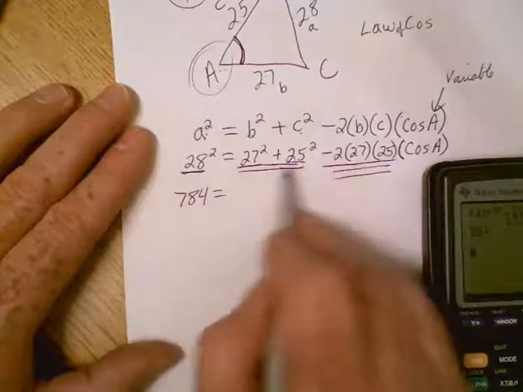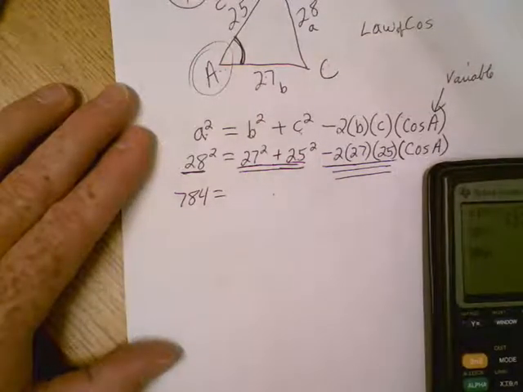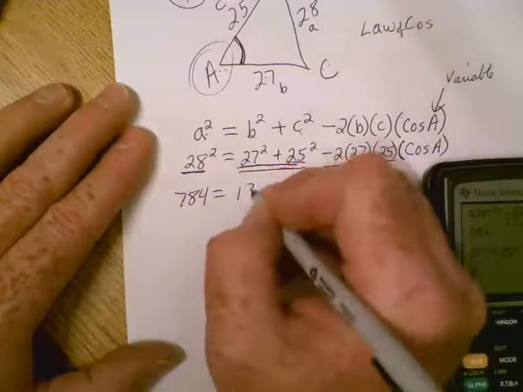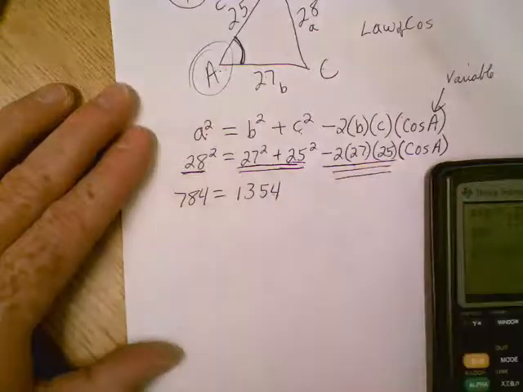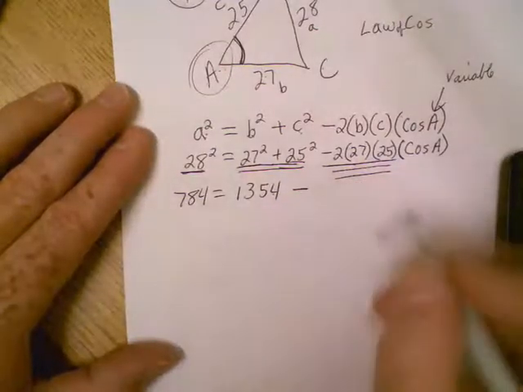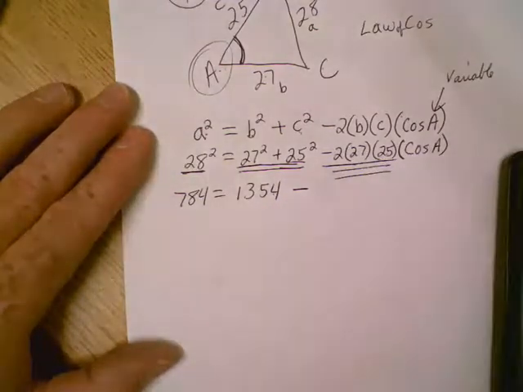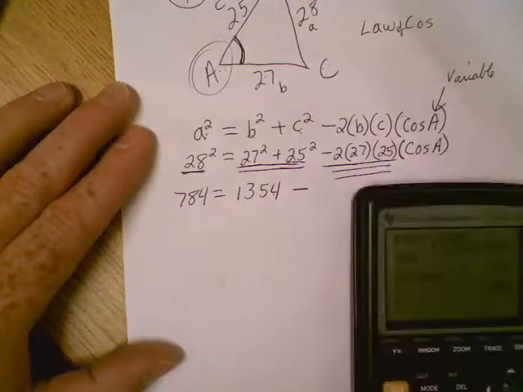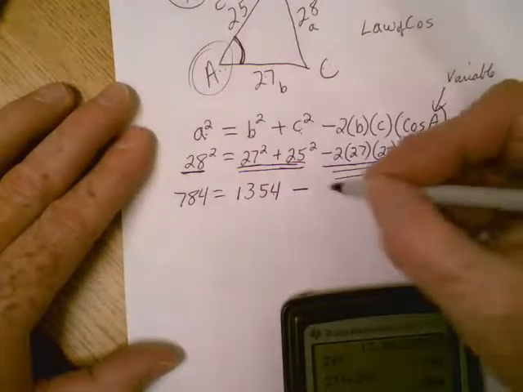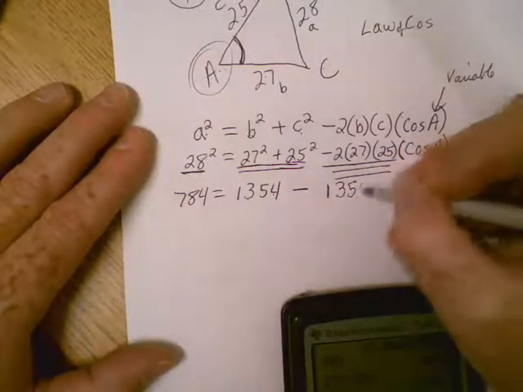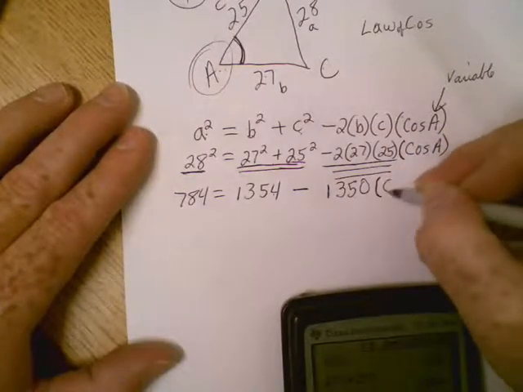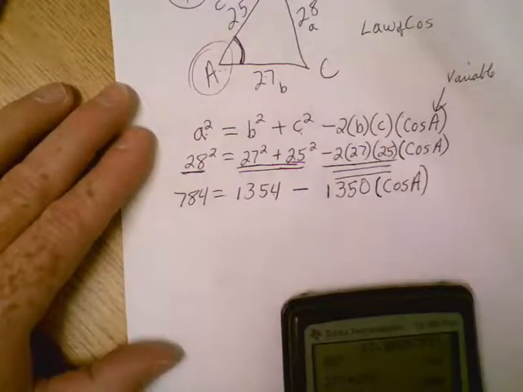Then I'm going to punch all this right into my calculator. 27 squared plus 25 squared, and I get 1354. Minus 2 times 27 times 25. So I grab my calculator. 2 times 27 times 25, and I get 1350. And that's still times the cosine of big A.